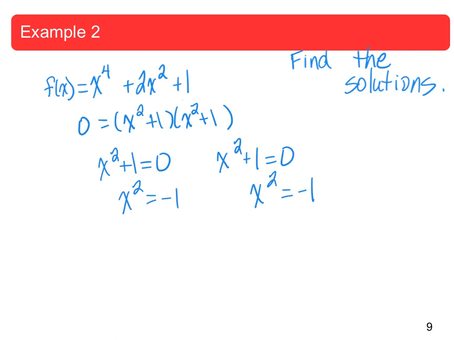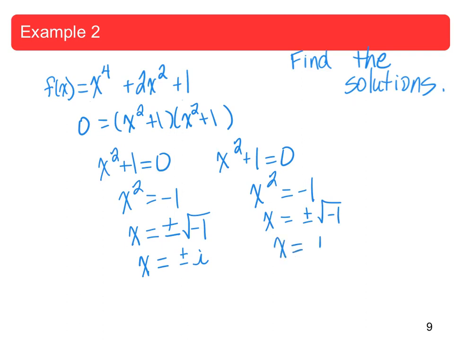Okay? When I take the square root of both sides of that, what do I have to do? Plus or minus. Don't forget that plus or minus. And we know that the square root of negative 1 is i. So I end up with plus or minus i. And I end up with that twice.